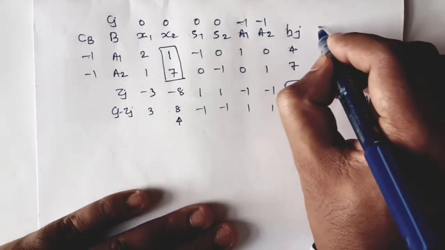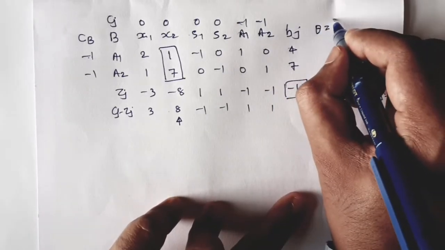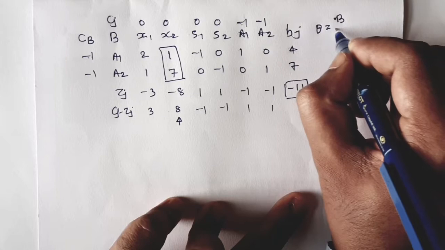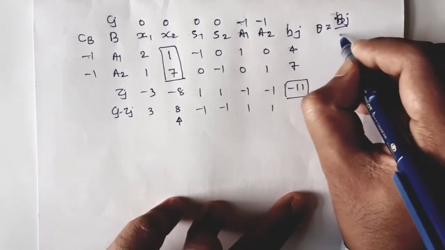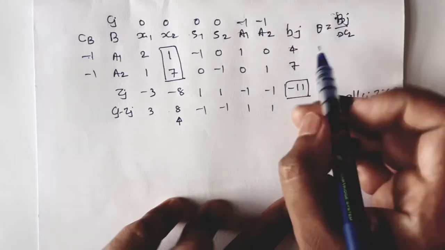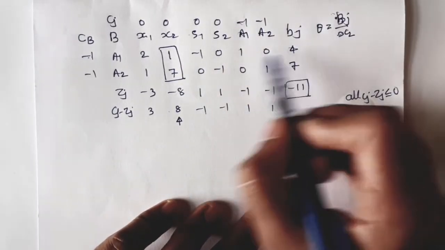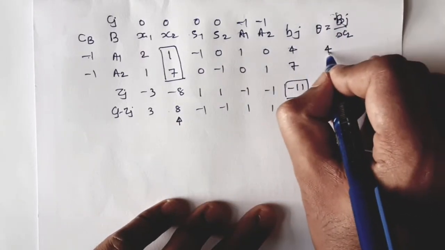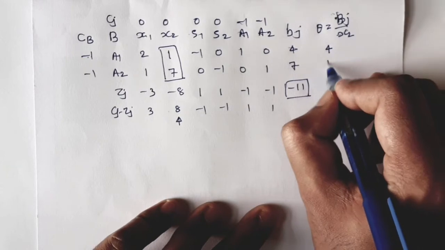For calculation of the outgoing variable, we must check the theta. Theta is nothing but the bj column value divided by the x2 column value. Here bj is 4 divided by 1, so it is 4, and for a2, 7 divided by 7, so it is 1.